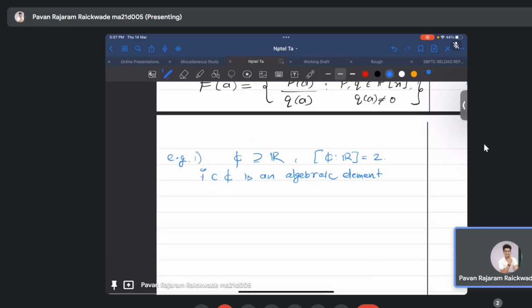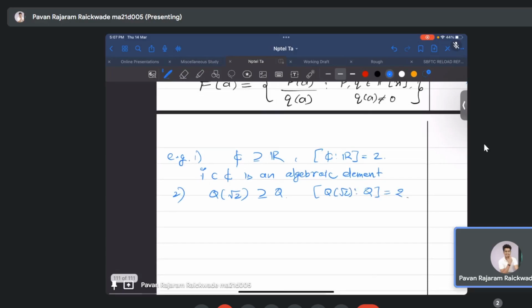This is the first example. Another example is, let's say, Q(root 2) over Q. This is a field containing Q, and you know the degree of Q(root 2) over Q is 2. So what is the algebraic element? Root 2. See, x squared minus 2 is a polynomial in Q[x].